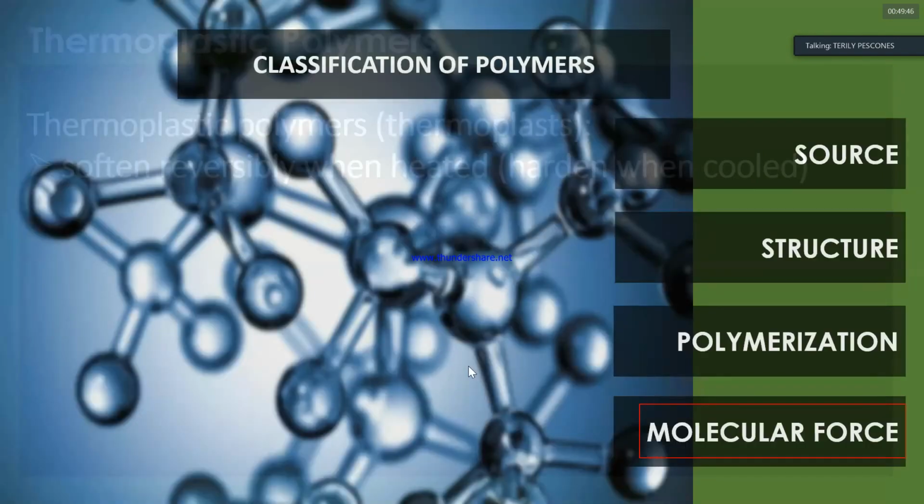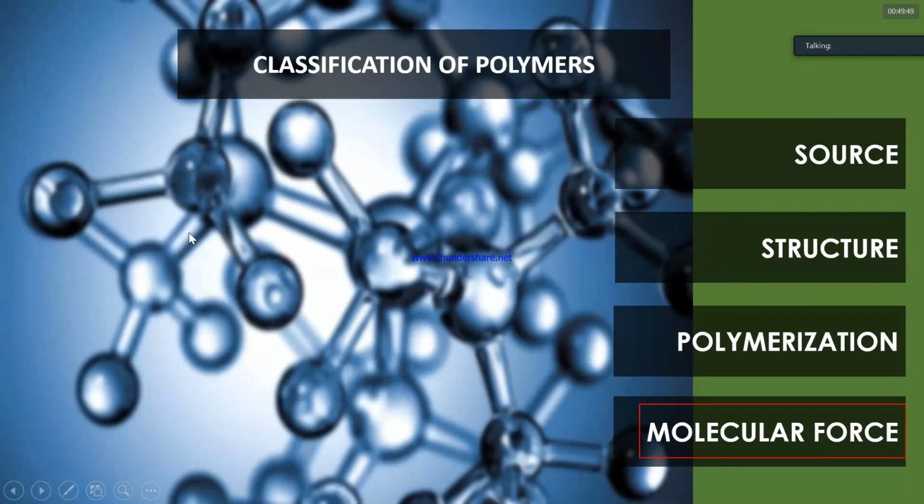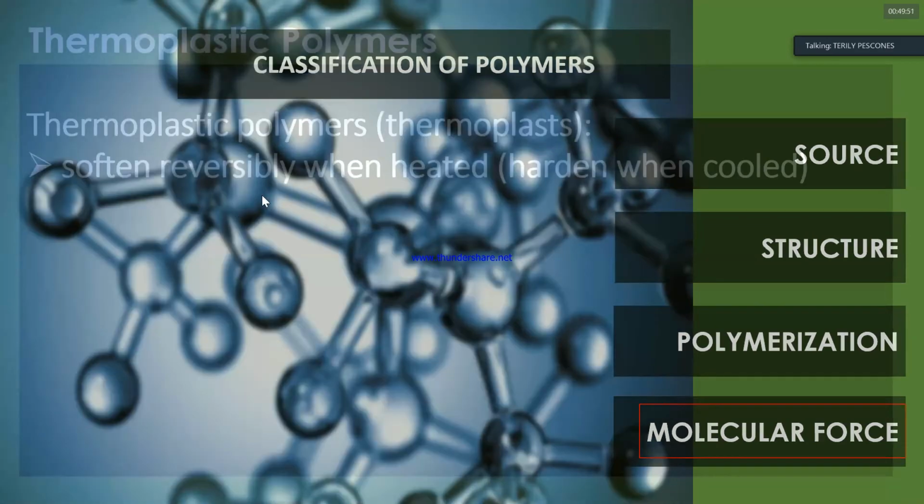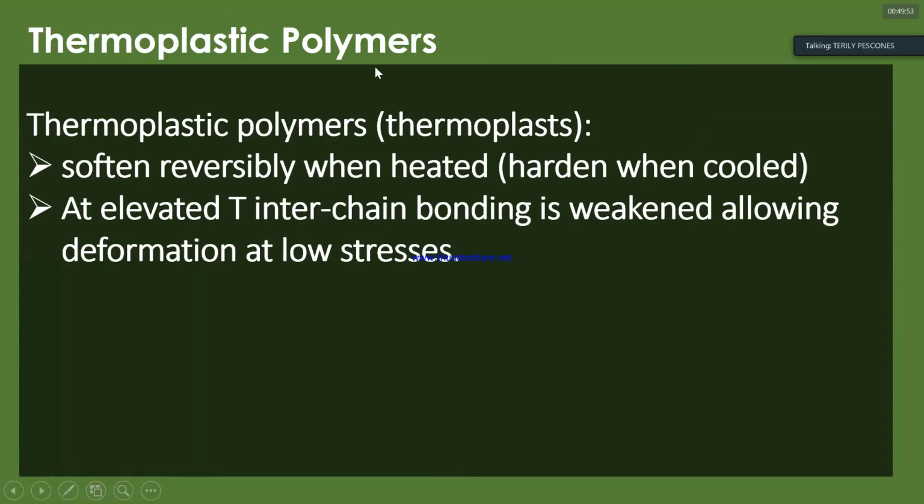Under molecular force, we have the thermoplastic and the thermosetting. So, soften reversibly when heated. Ang thermoplastic, hardened when cold. So, pwede na siyang, solid na siya, pwede mo siyang iinit and then it will soften. So, pabalik-balik lang siya. So, pagka na-cool naman, harden, tapos if you want to baguhin mo ulit yung kanyang form, pwede mo siya ulit i-soften.